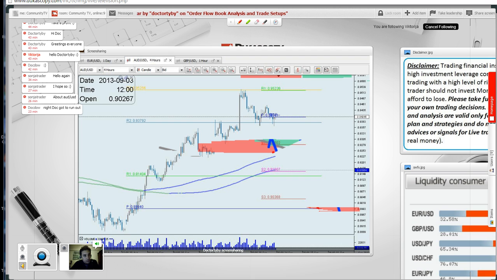But the better opportunity, in my opinion, is on Great Britain pound. Anyway, I may be wrong, like I was wrong in the beginning of the month on Australian dollar. I thought 0.90 would hold, and then I bet on 0.9150.